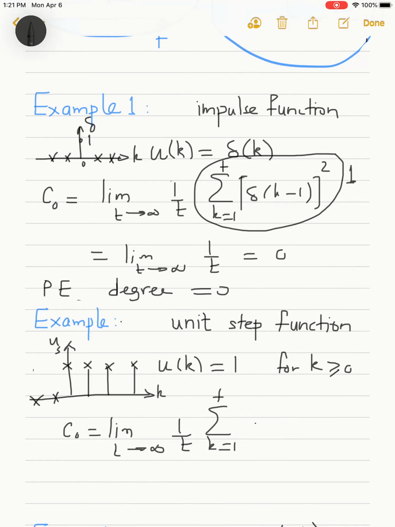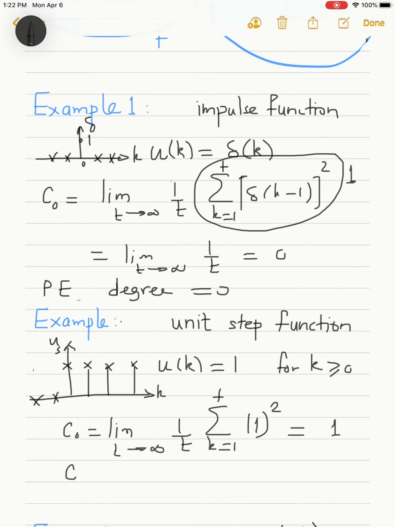The unit step is 1, and it would be 1 squared. So 1 squared is just 1, and the summation from 1 to t will give me t, and t will cancel out with 1 over t. So the net result would be just C0 equal to 1.